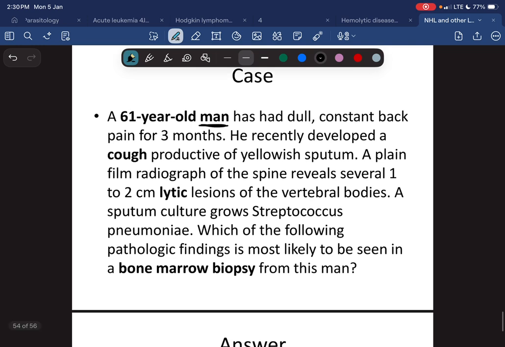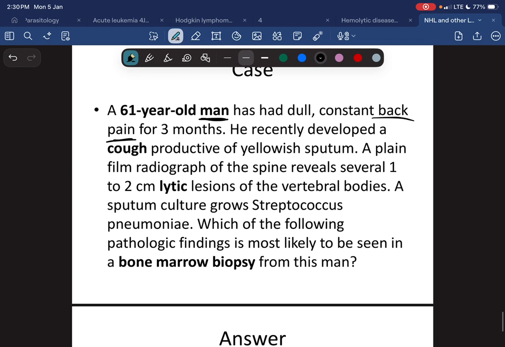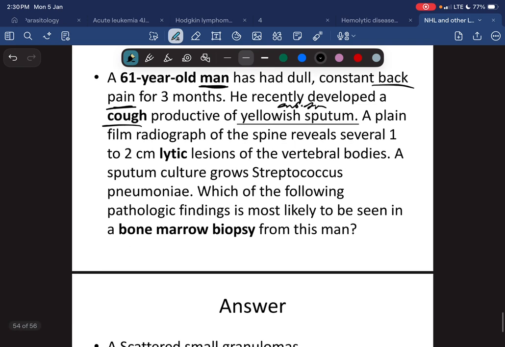In this case, we have a patient, age 61, so he is elderly, with a dull, constant back pain for 3 months, so a chronic back pain, developing recently a productive cough, reflecting that the patient has what?